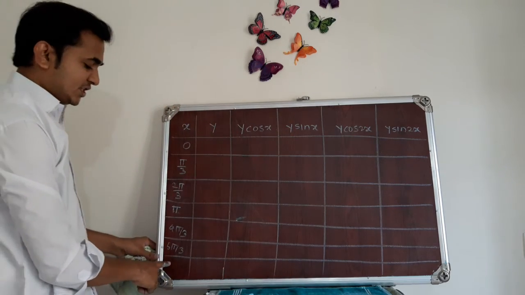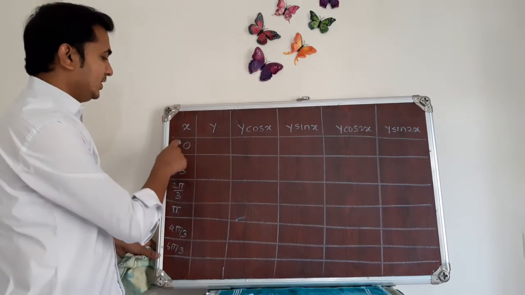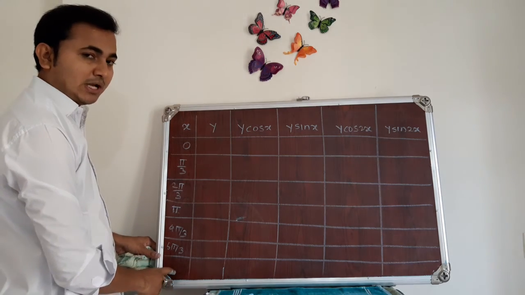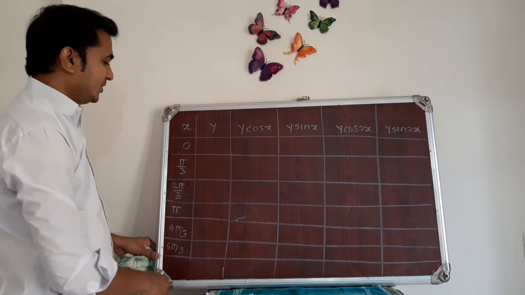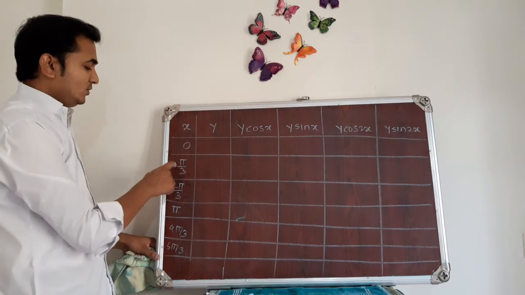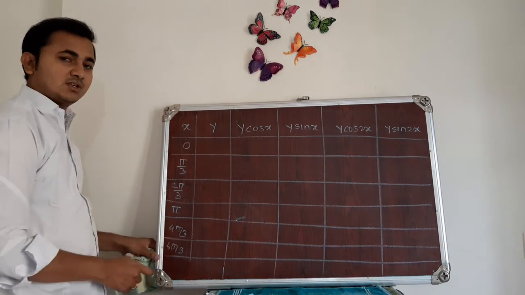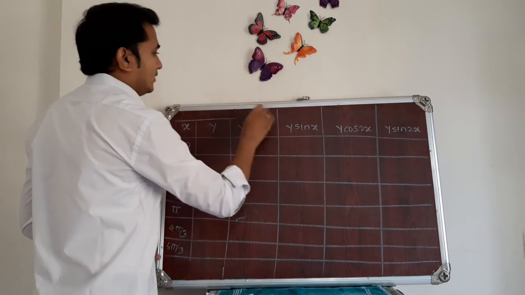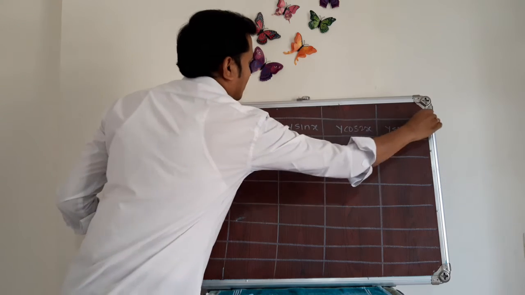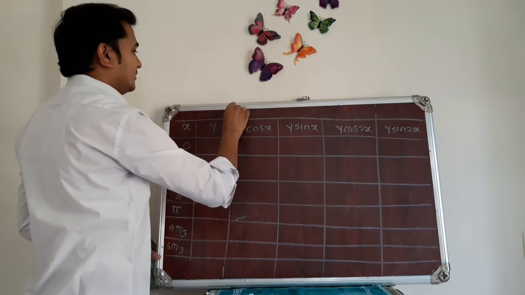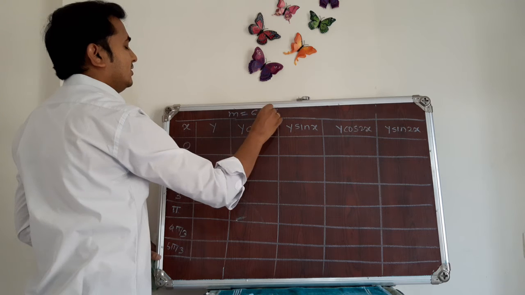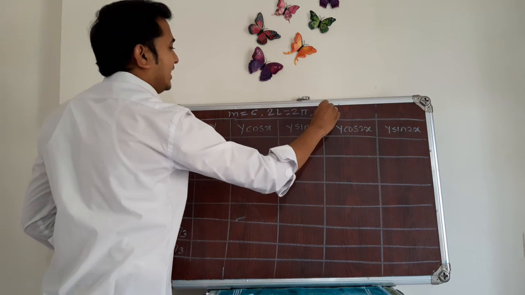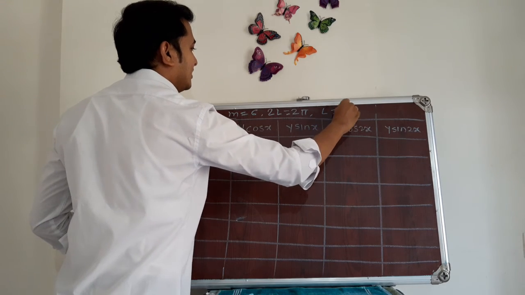Next is 6π by 3, that is 2π, but you are already considering value at 0, so don't consider value at 2π. So how many data points are there? 1 2 3 4 5 6. So value of m is 6. 2L is 2π and L is π.